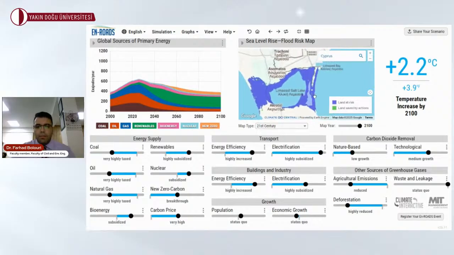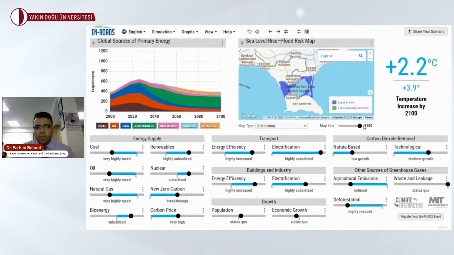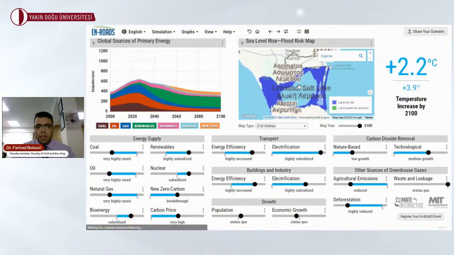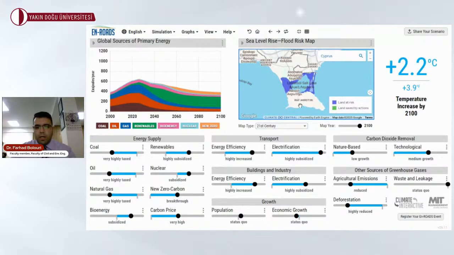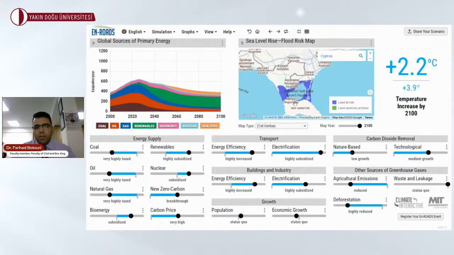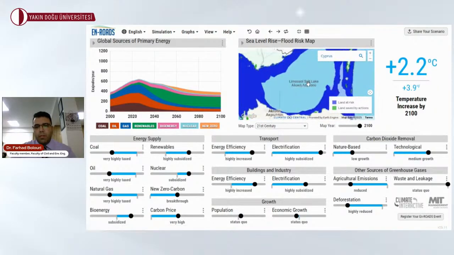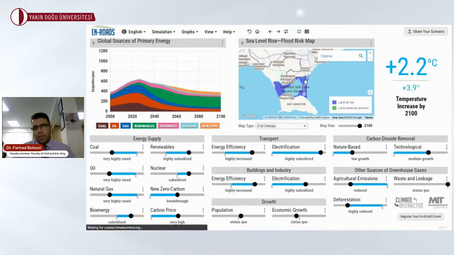And if we don't do anything by 2100, the land will be in two parts. As you see, rough agriculture, and South Cyprus will be separated by this one, because the two sides of the lake will go under the water. As you see here, it is at risk, and if we don't do anything, the land will be separated into two parts.